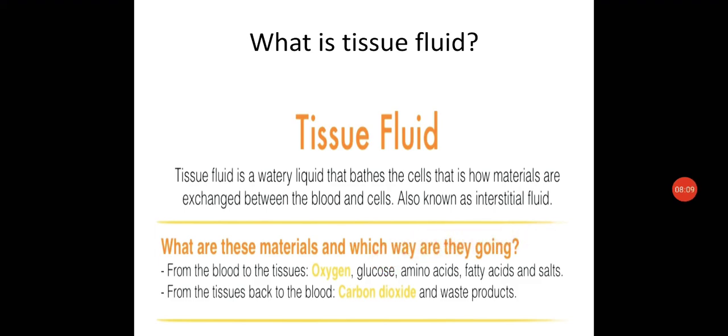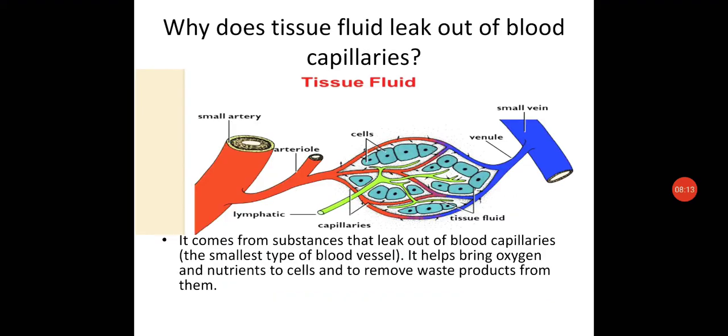From the tissues back to the blood: carbon dioxide and waste products. Why does tissue fluid leak out of blood capillaries? It comes from substances that leak out of blood capillaries. The smallest type of blood vessels are capillaries. It helps bring oxygen and nutrients to the cells and to remove waste products from them.